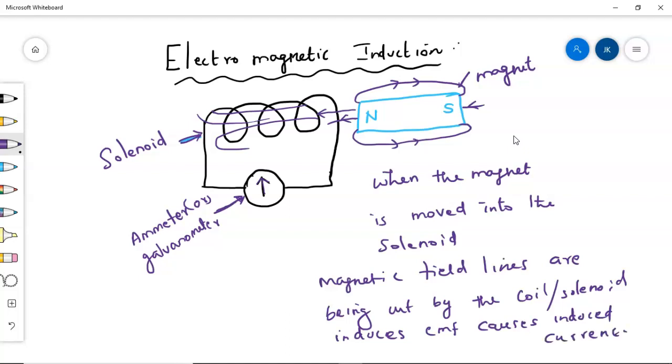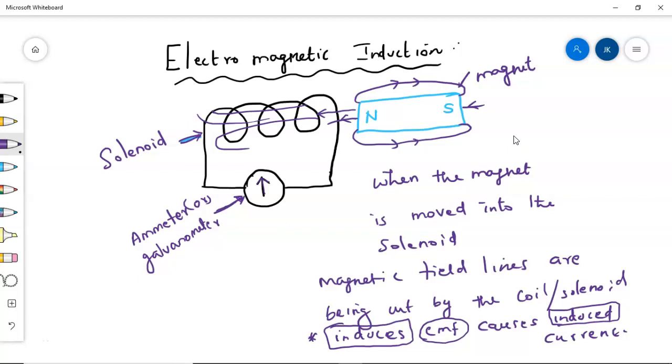So here you cannot say it produces, it creates. This word is very important. Induced voltage, induced current. Sometimes you can write EMF or voltage or potential difference. Induced potential difference causes induced current.